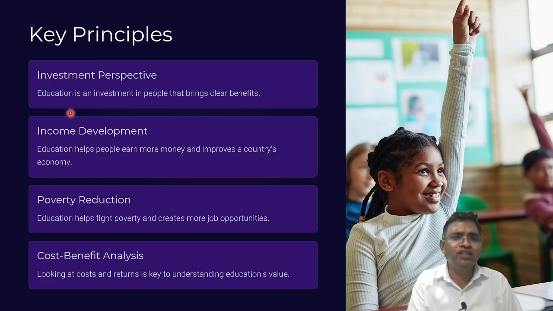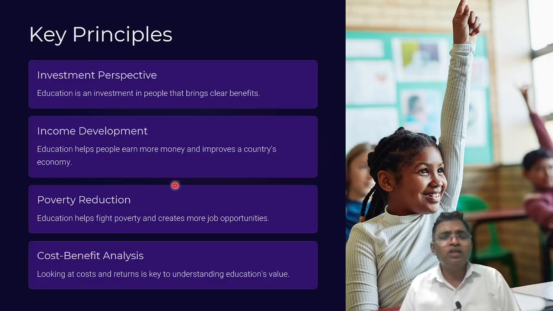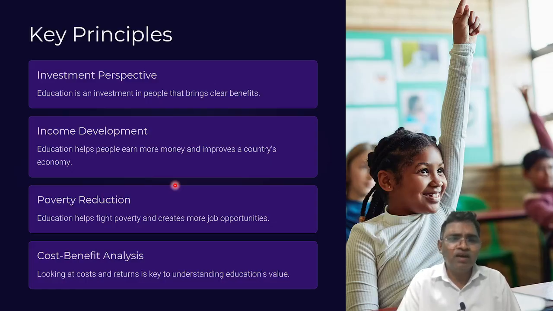If you are spending money on education, it is not an expenditure, it is an investment. It is going to bring benefits in coming days. And income development: income helps people earn more money and improves the country's economy. So education helps you get more income, which improves the country's economy.